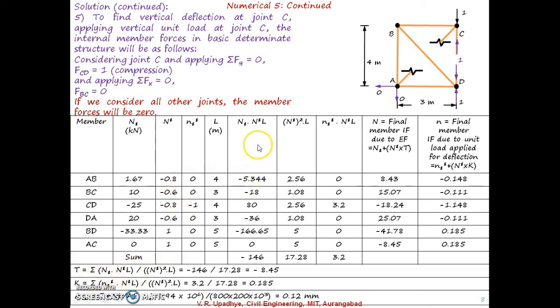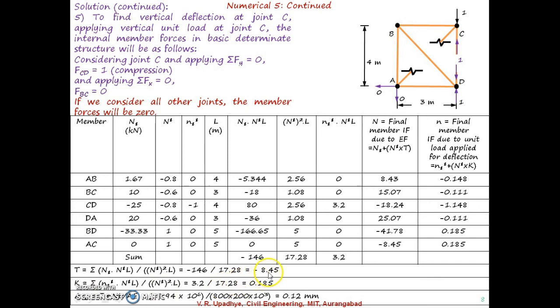So the N1 N dash L column was calculated, and the sum of that is written over here, and that is divided by N1 square L, which was done in this column. The summation of that is 17.28. That calculation gives us the term T, which we have discussed earlier in one of the numericals, number 4. We have discussed what this T is and what this K is.